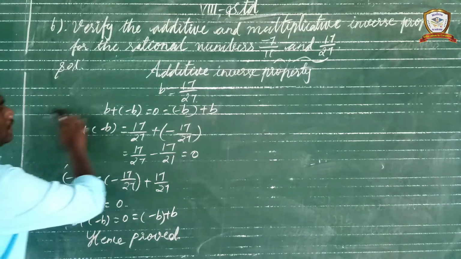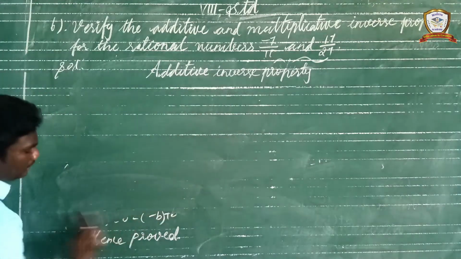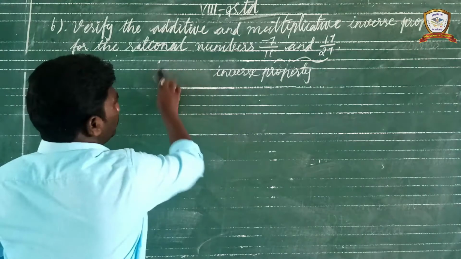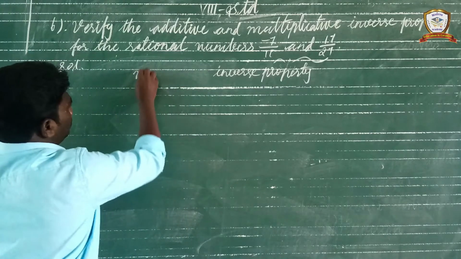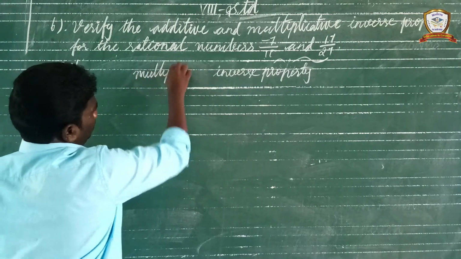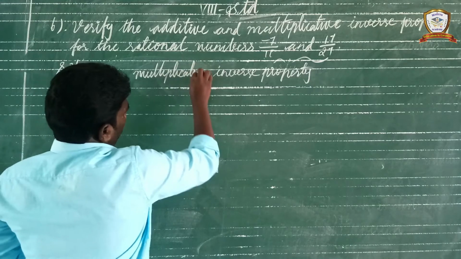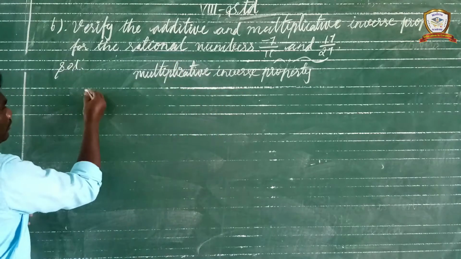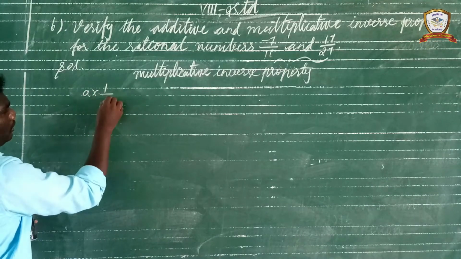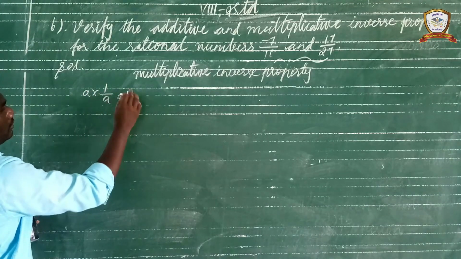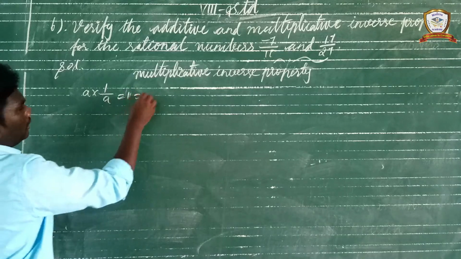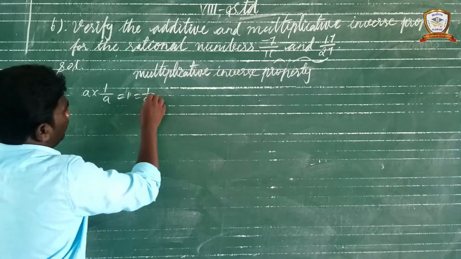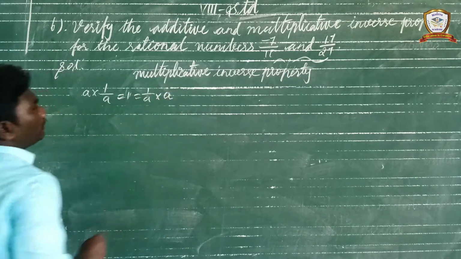The next one, multiplicative inverse property. What is the inverse property? a into 1 by a is equal to 1, and next 1 by a into a is equal to 1, both are equal.